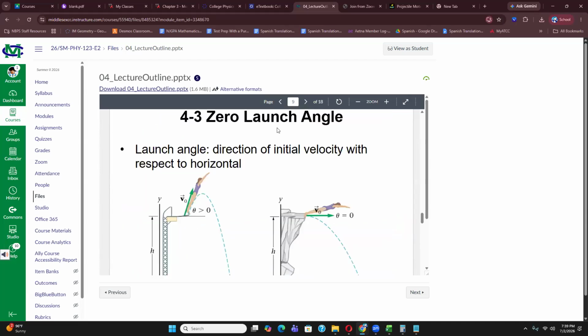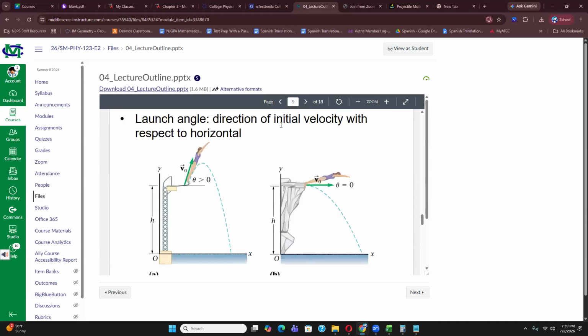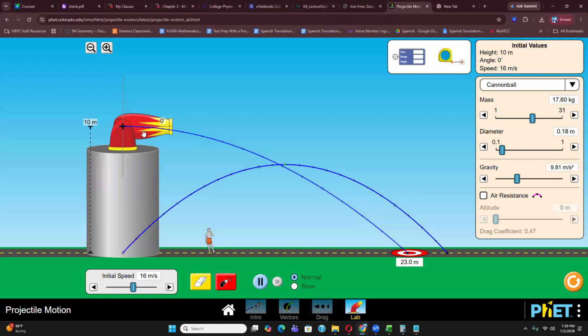But now let's go back here. So this is a more simple situation, right? If you have a projectile at a zero angle, there is no component for the velocity. It's just horizontally. All right?